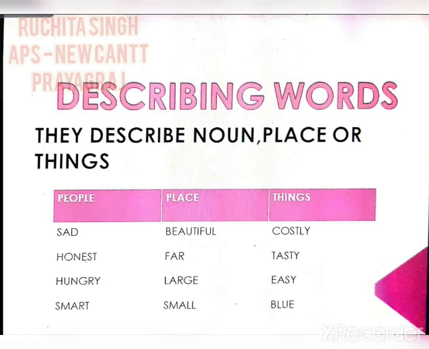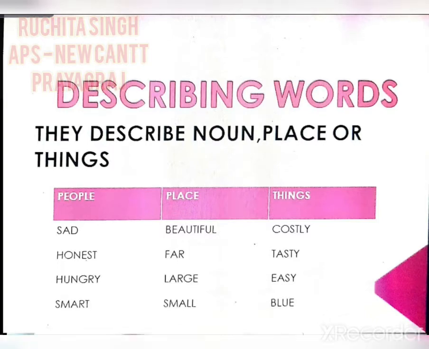Then a person can be smart. Then to describe a place, we can say that the place is very beautiful. Then place is very far. It can be large or it can be small. Then to describe a thing, we can say that a thing is very costly or very tasty, or it is very easy, or we can also tell about its color.